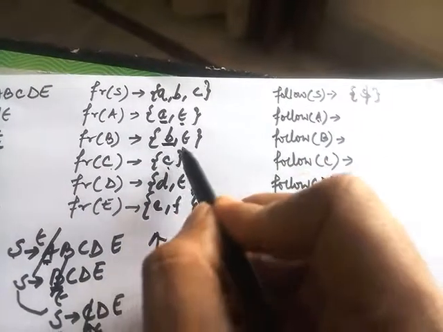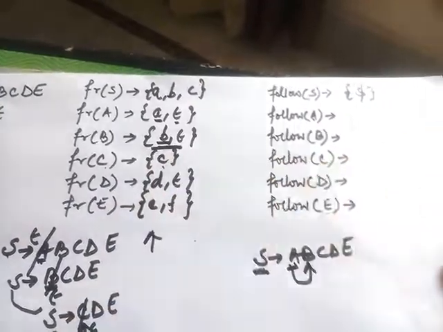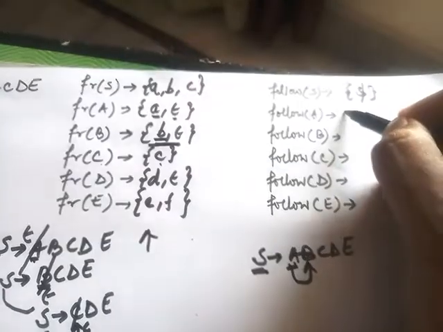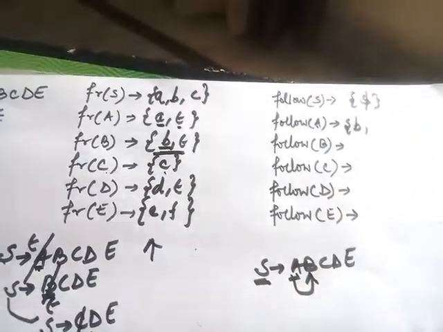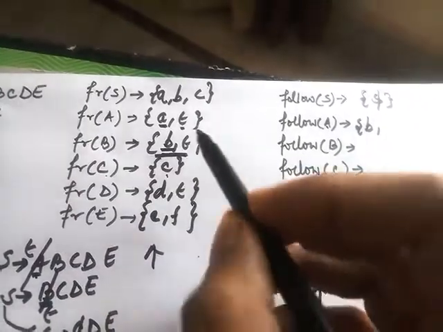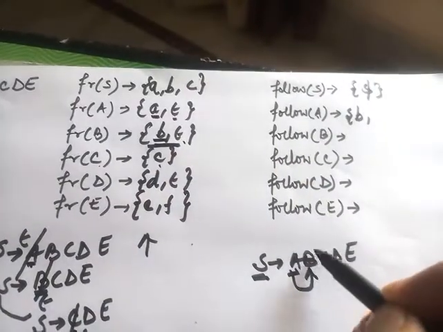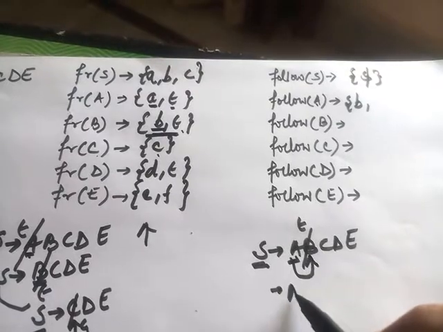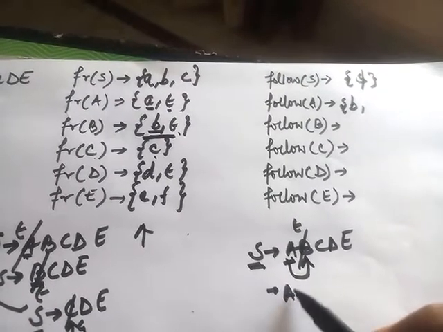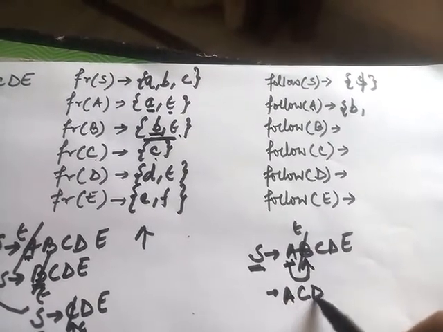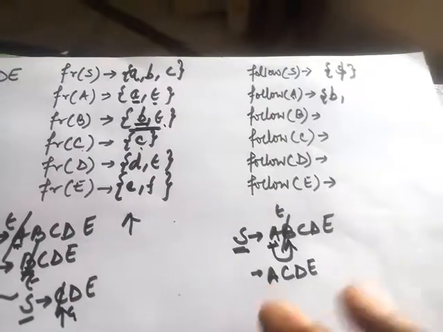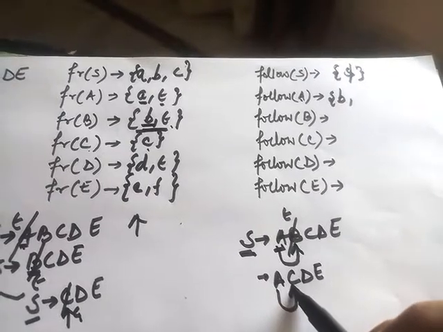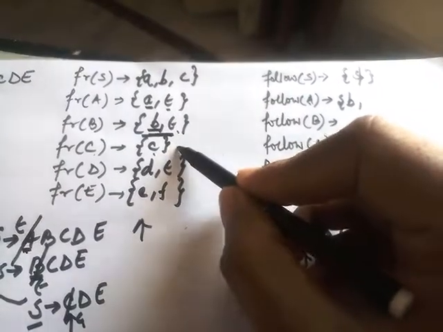Now see what is first of B? First of B is this one. So we will take the terminal over here and we substitute this epsilon over here. So what will it become? It becomes A, epsilon, epsilon means nothing, C D E. Now what is follow of A? Follow of A is first of C. What is first of C?